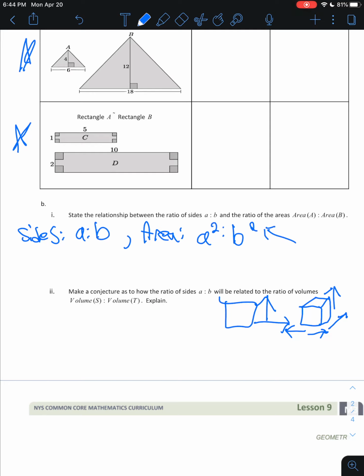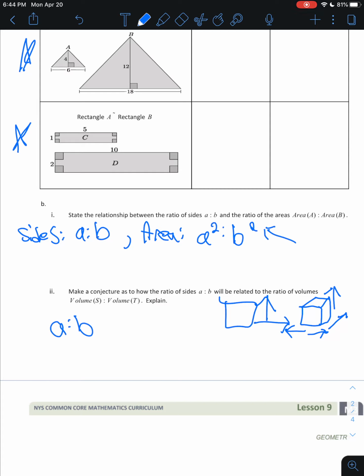So if you think about it, again, if we have our ratio of sides, A to B, this is for 2 similar shapes. So if you imagine you had 2 similar cubes, you could take one side of the smaller cube and call it A, take a side of the bigger cube and call it B, and you would have this ratio here. And then the question is asking us to think about what the ratio for volumes would be.